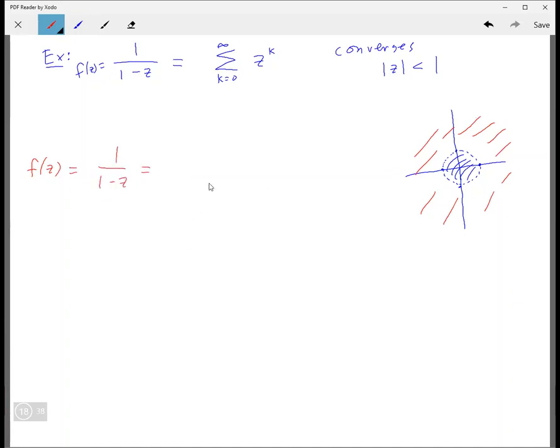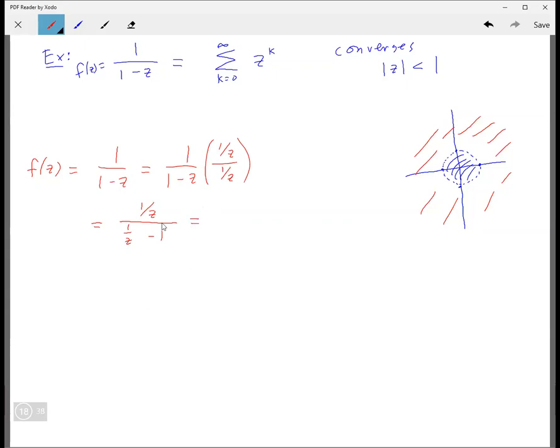but I'm going to manipulate it a little bit. I'm going to multiply the numerator and the denominator by 1 over z. That's going to give me a 1 over z in the numerator, and the denominator is going to be 1 over z minus 1.